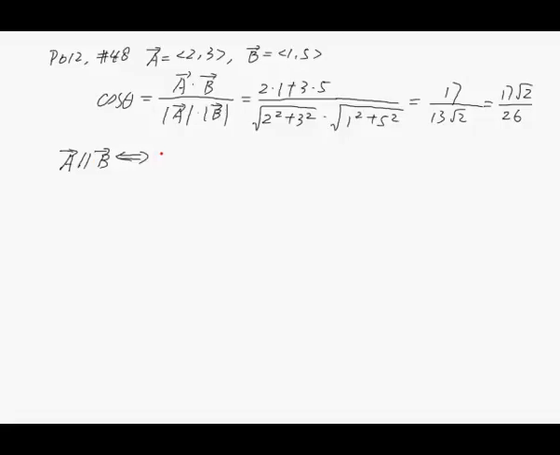So that means vector A is equal to k times vector B for some k in the set of real numbers. So if you can express one vector as a multiple of another vector, then this just means these two vectors are parallel.